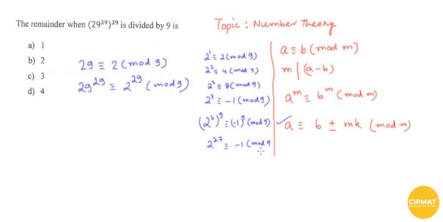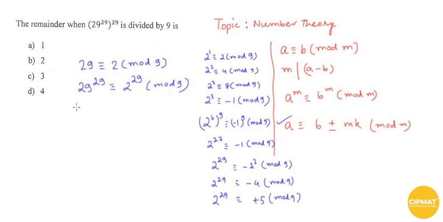mod 9. So 2 to the power 29 is congruent to minus another 2 square, basically, mod 9, or 2 to the power 29 is congruent to minus 4 mod 9, or again this can be written as 2 to the power 29 is congruent to plus 5 mod 9.